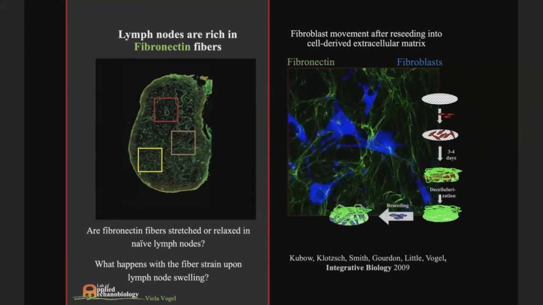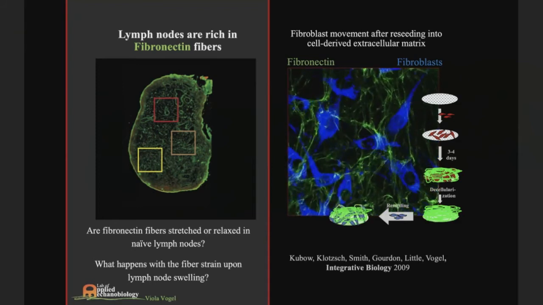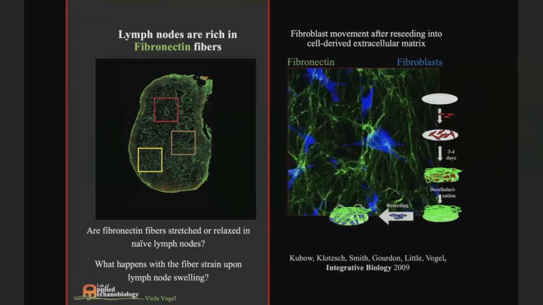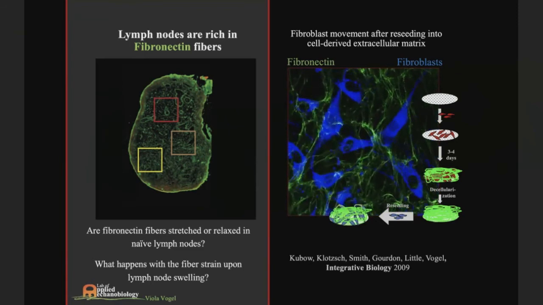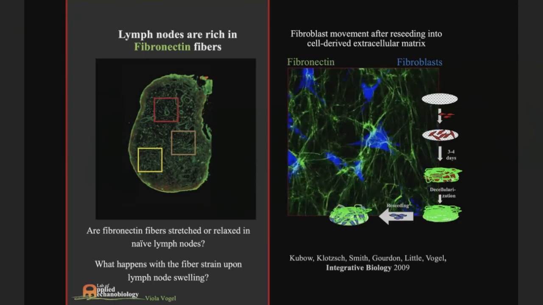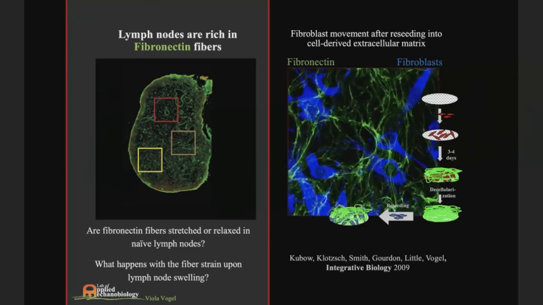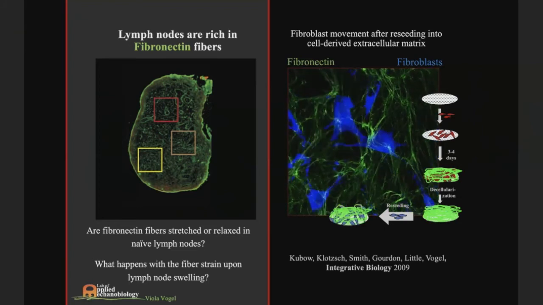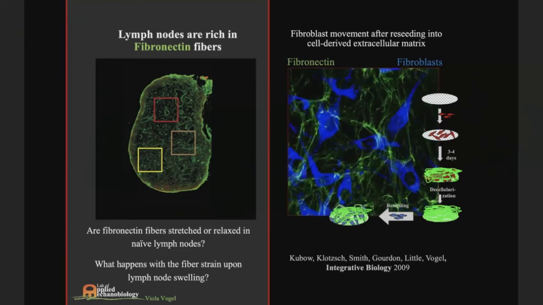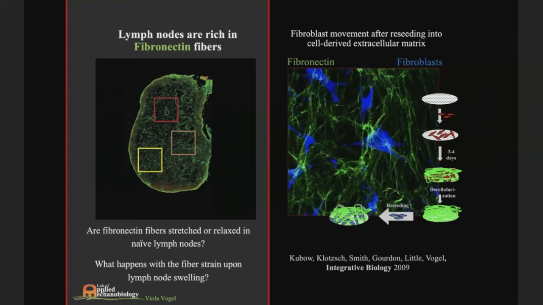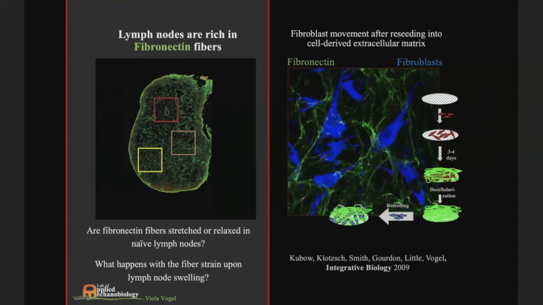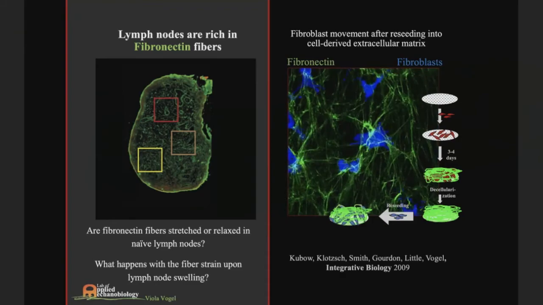On the right side, you see simply how cells are able to stretch matrix fibers. What you see are fibroblasts sitting in a cell-derived extracellular matrix. You see fibronectin in green, and you see how cells in such a network can constantly stretch and let go, stretch and let go of these fibronectin fibers.